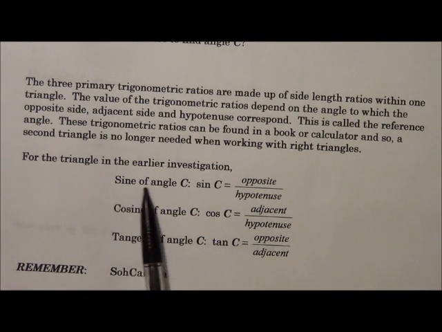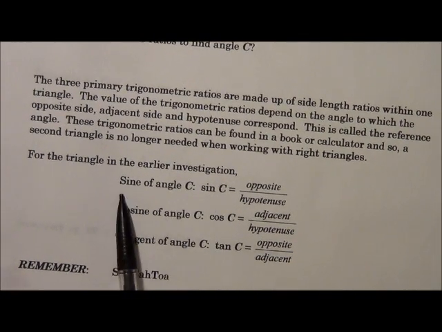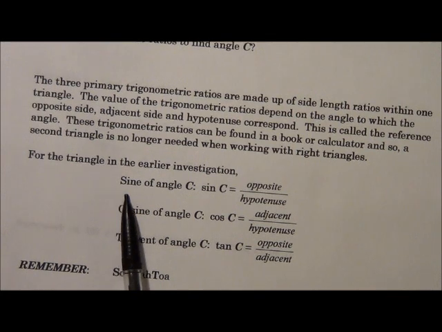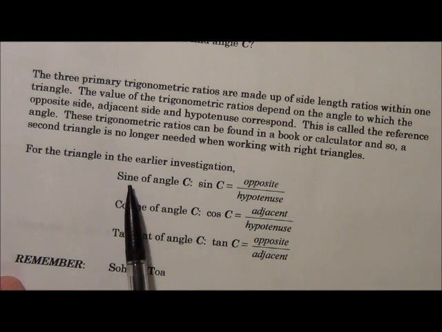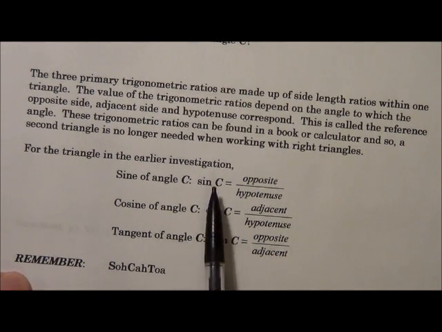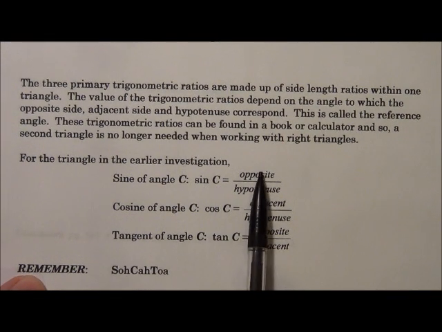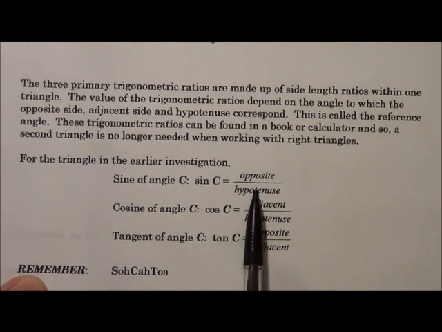For triangles, in this earlier investigation, we now define three of the trigonometric ratios as the sine of angle C, the cosine of angle C, and the tangent of angle C. The sine of angle C is the length of the opposite side over the length of the hypotenuse.